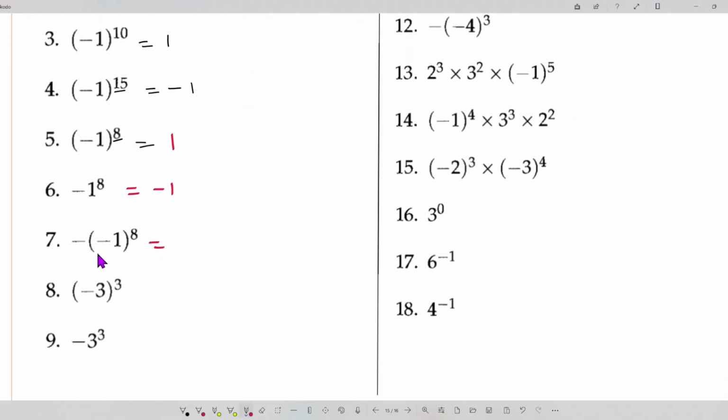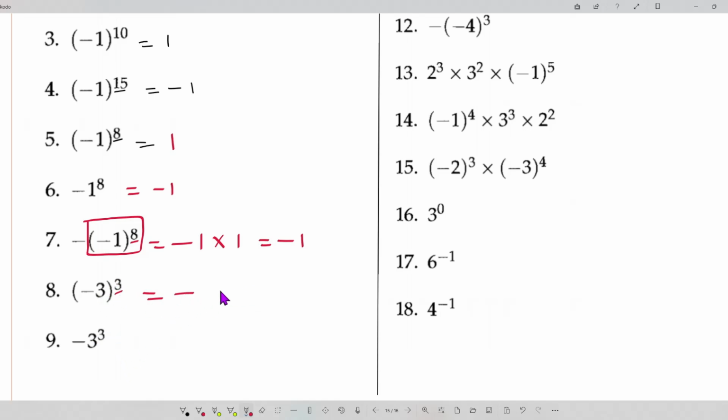Now look, here is negative. We can write it like minus 1 times minus 1 to the power 8. This power is an even number, so this negative becomes positive, so it's just 1. So minus 1 times 1 will be minus 1. Next, minus, and the power is odd, so it should be minus.